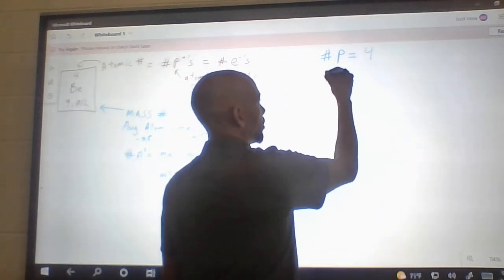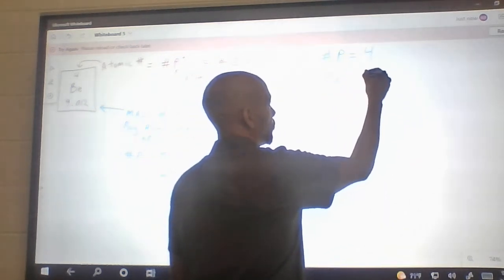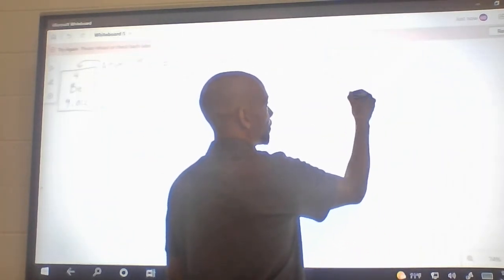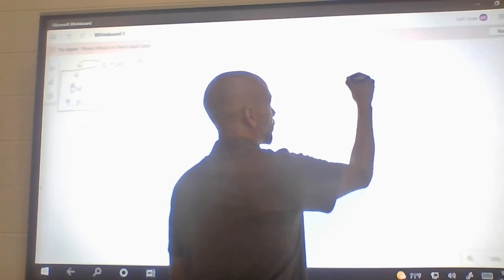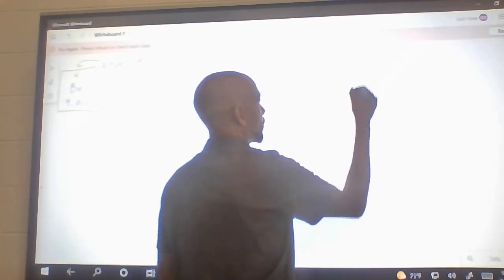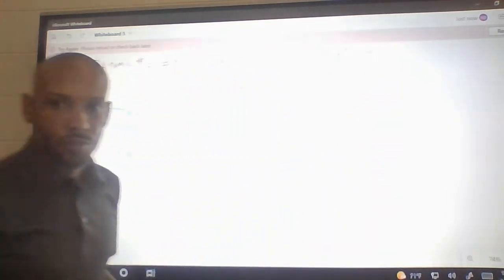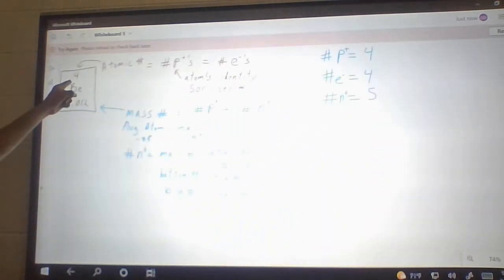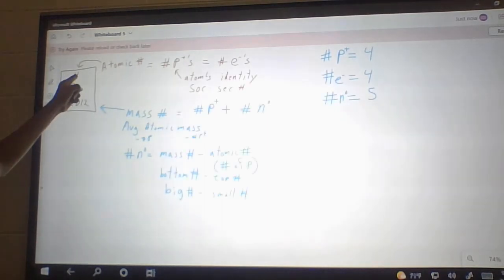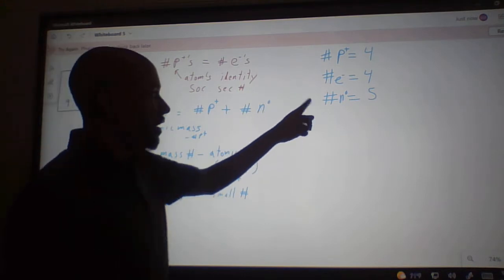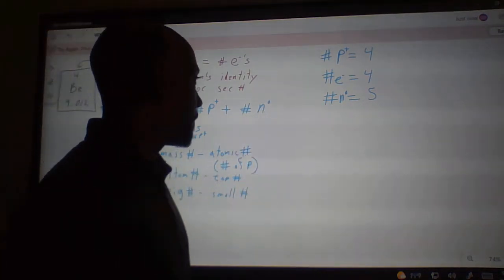Number of electrons is also equal to 4. And then number of neutrons, 9 minus 4, that's going to be 5. So I'll use number of protons, number of electrons, bottom minus top, that's going to give me number of neutrons. And then from here, now we can draw it out.